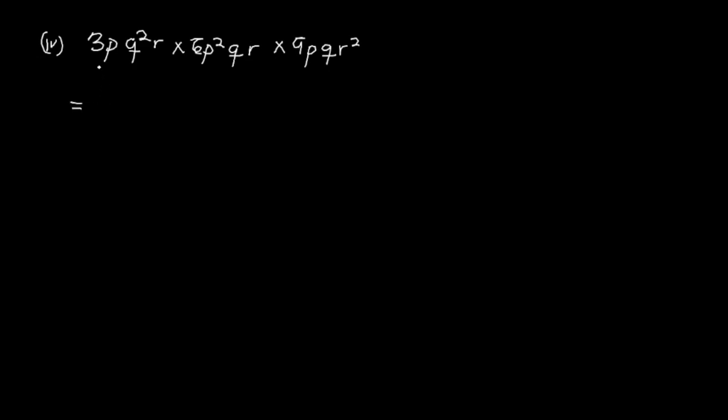Right, so this is equal to, I multiply the numbers separately, so 3 multiplied by 6 multiplied by 9. Then I have p multiplied by my p squared over here multiplied by this p over here. Then I have my q squared multiplied by this q over here multiplied by the q over here.